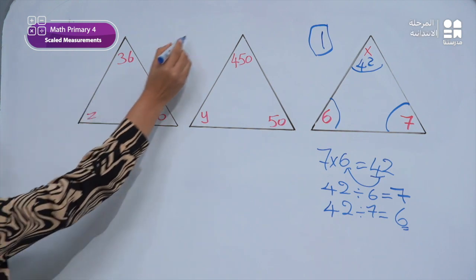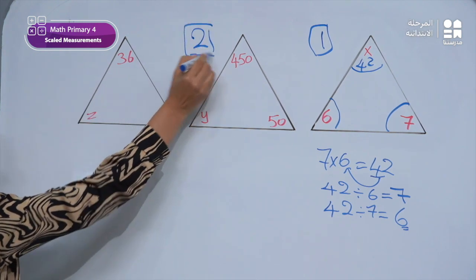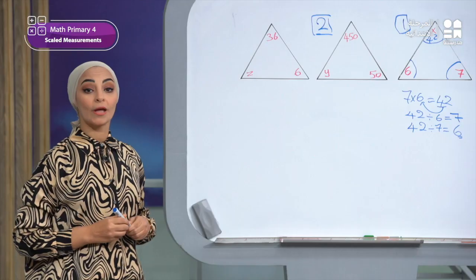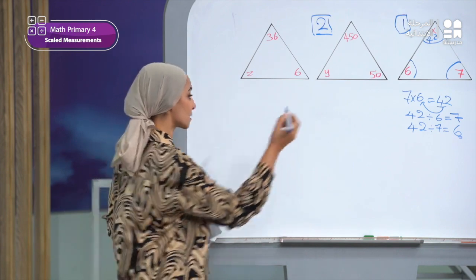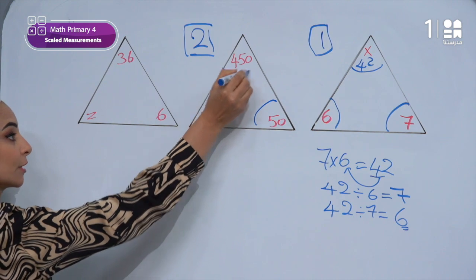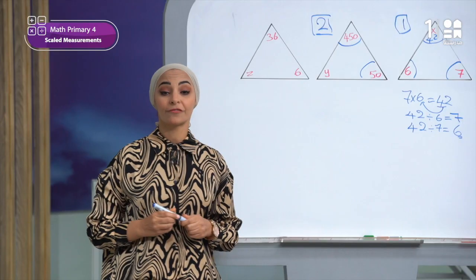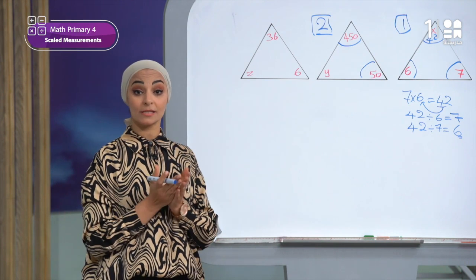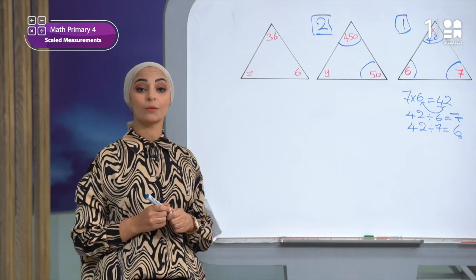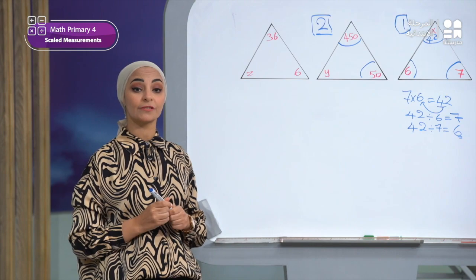And here is the second triangle. As you see here, we have two numbers, 50 and 450. This is 50 and this is 450. So, if I divide 450, we know of course in division I start with the biggest number, right? Well, who can tell me if I divide 450 by 50 what it gives me?